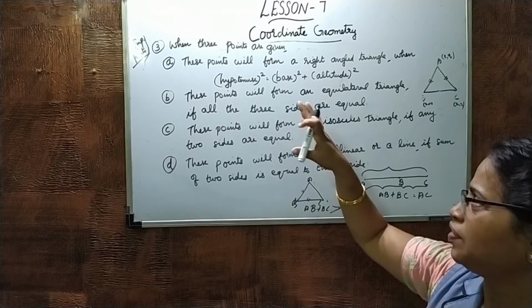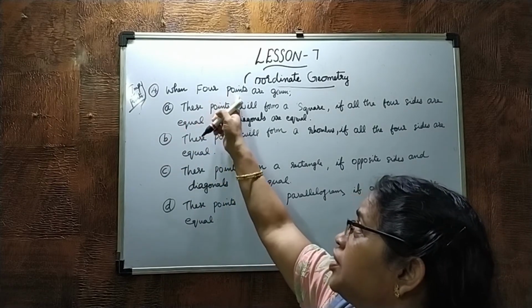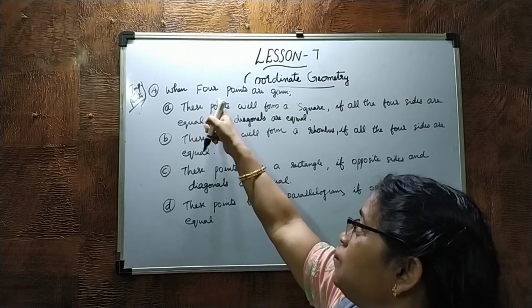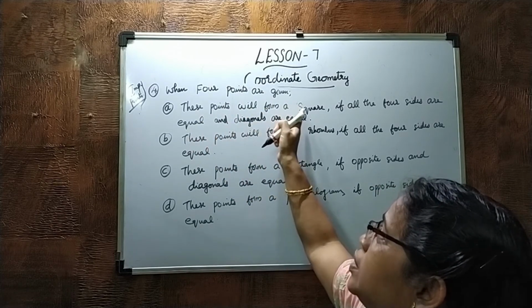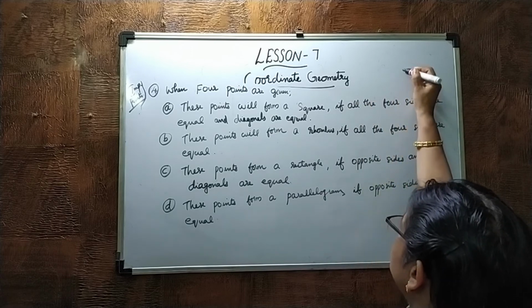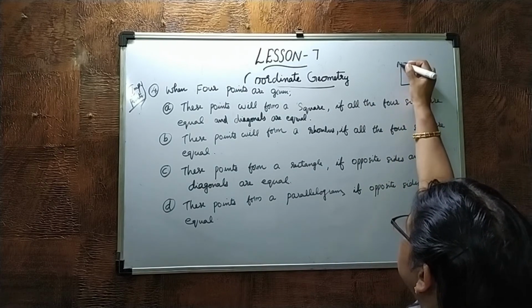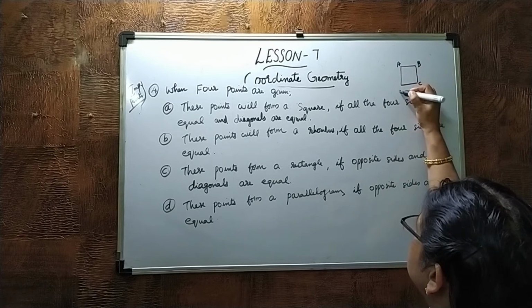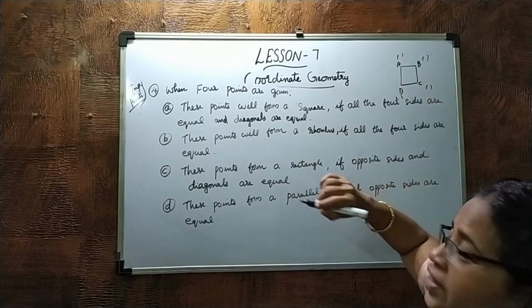So next, when they are giving 4 points, what happens? When 4 coordinates are given, points means coordinates, these coordinates will form a square. When will it be a square? Now look, if this is a square, here it is A, B, C, D. They will give you 4 coordinates here, right? Then what can you say?